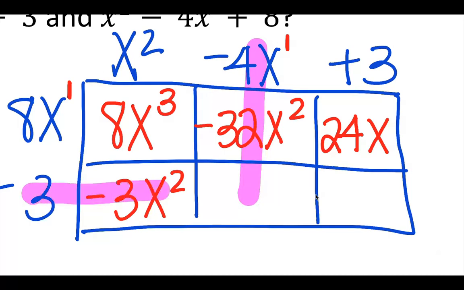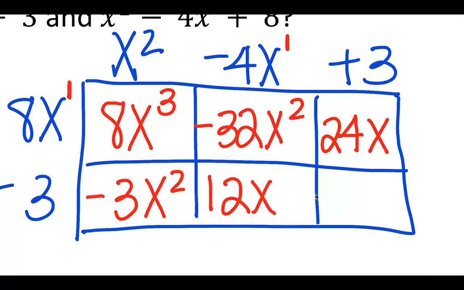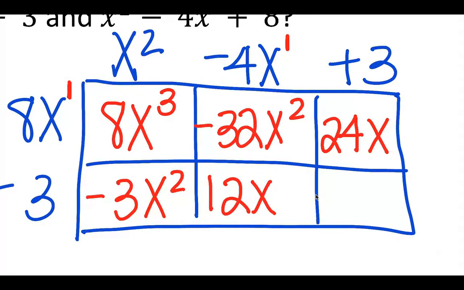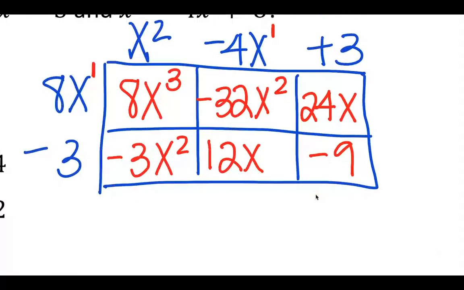Negative 4x times negative 3. Negative times a negative is going to give me that positive 12, and then I just have that 1x hanging out. Lastly, 3 times negative 3. Positive times a negative is a negative 9.